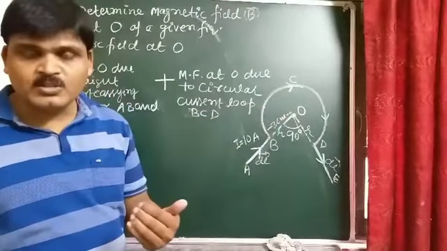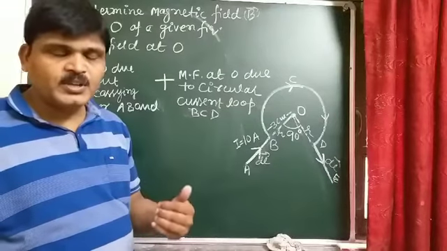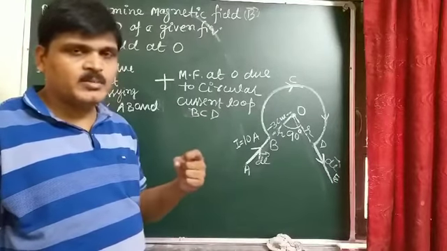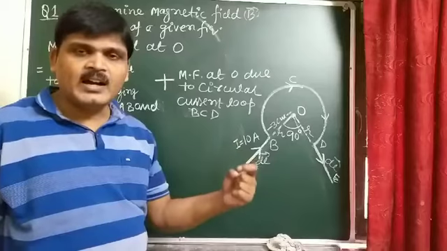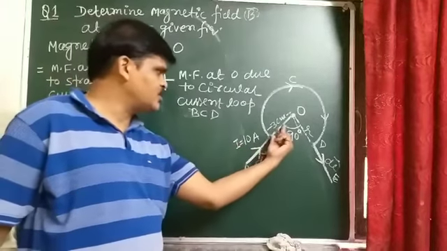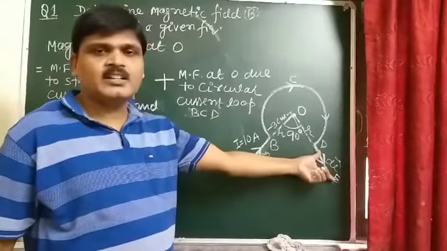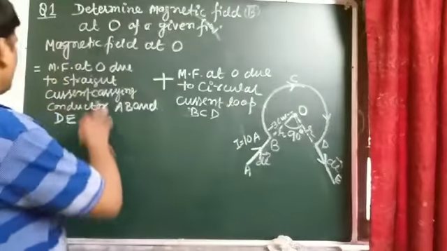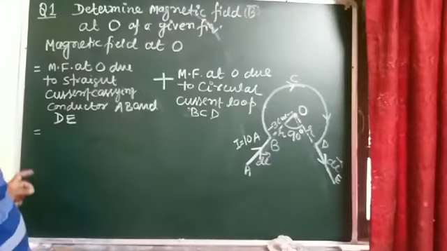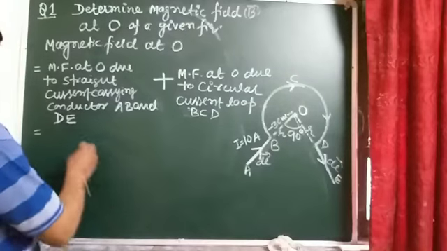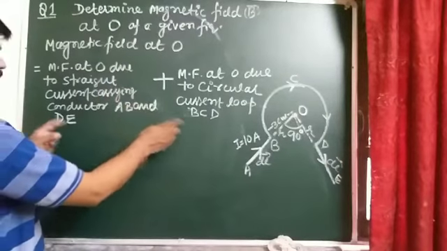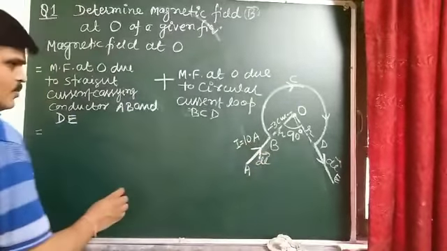So according to Biot-Savart's law, dB equals mu naught by 4 pi I dl sin theta by r square. So sin 0 is 0, and sin 180 is 0. So there will be no contribution of magnetic field because the angle between them is either 0 or 180 degree.